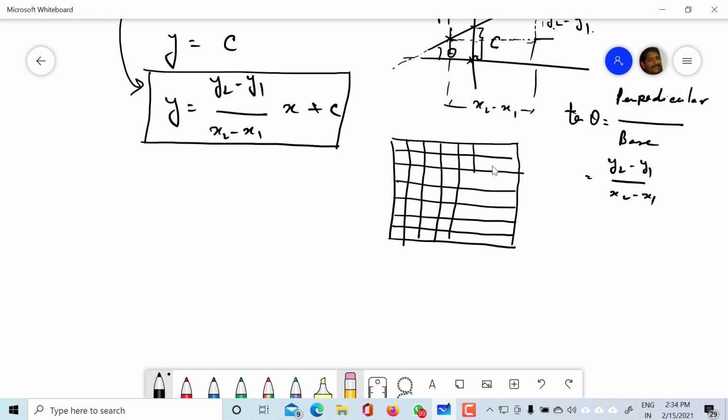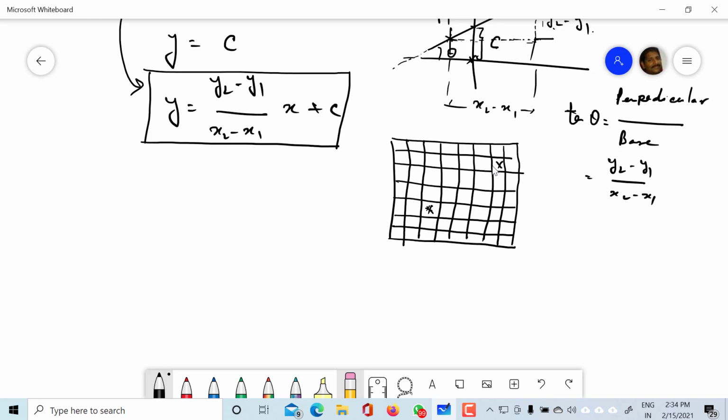So if you draw a line on this screen, that means you have to know at least 2 points. One is the starting point and another is the ending point. Okay, at least 2 points must be known to draw a line, otherwise this will no more be a line.